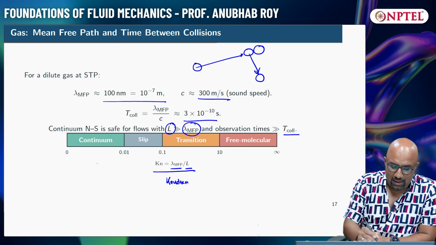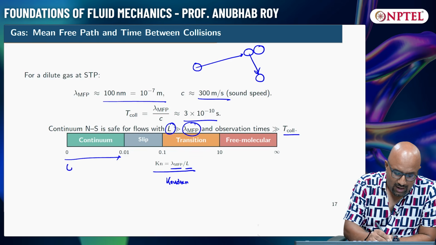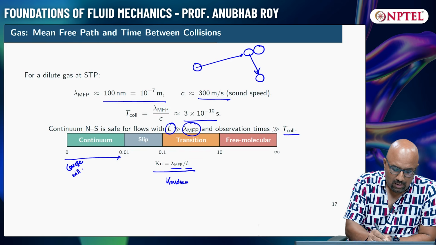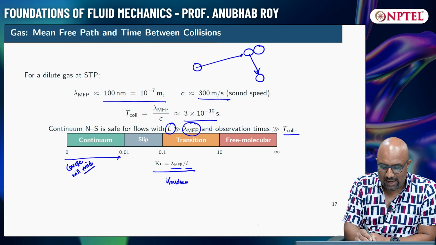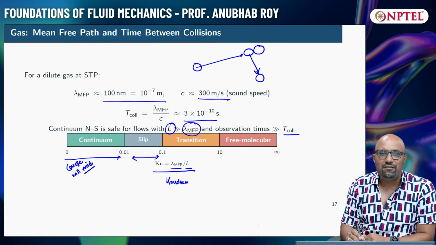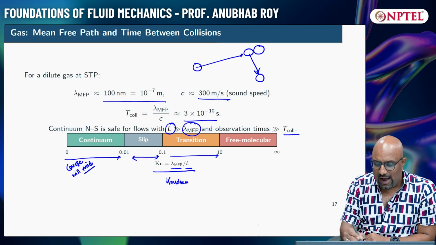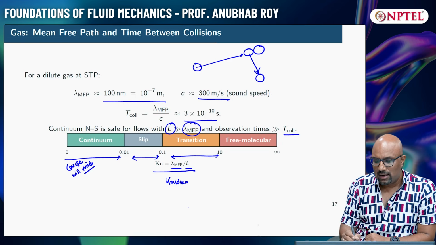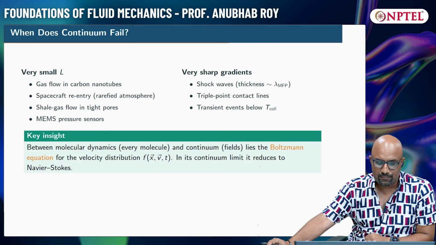So when this number is very small, you have the continuum theory, which is where our course is going to reside. Then we can have a scenario where you can have slip. You will then have a transition region, and then finally you can have a free molecular region.